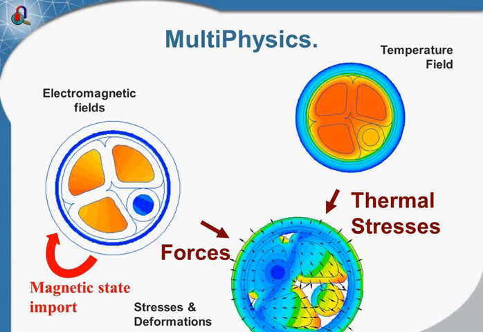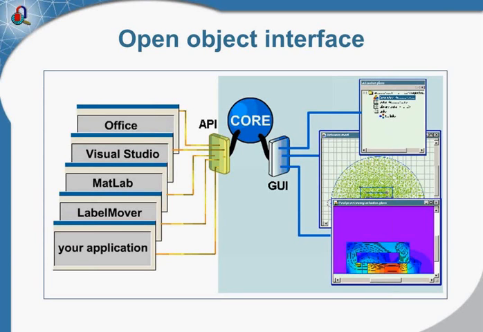If the built-in functions and features of QuickField are not enough, there is an easy way to expand them using an open object interface to QuickField core, which is called ActiveField. This allows linking of QuickField with MATLAB scripts or Microsoft Office macros, or prepare custom programs written in C++ or any other programming systems which supports open object interface.